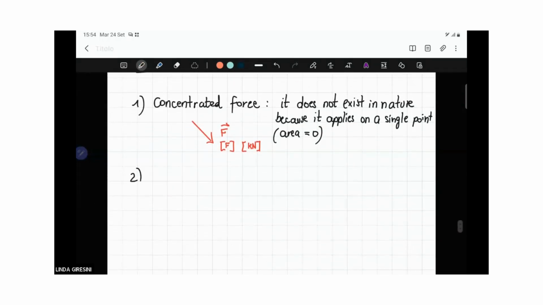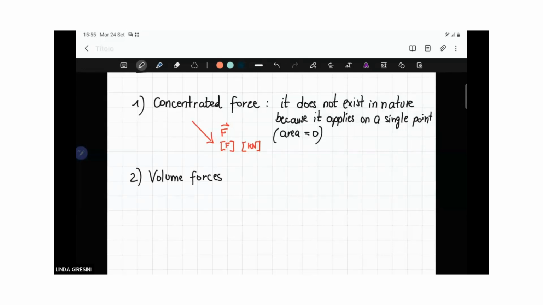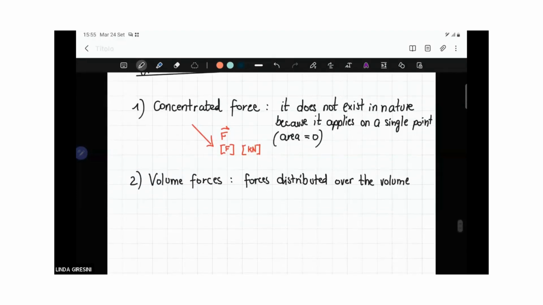Then we have volume forces, which exist in nature. These forces are forces distributed over the volume of a body or of a part of it.